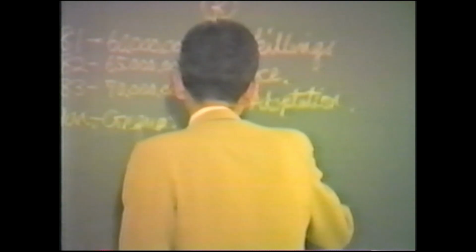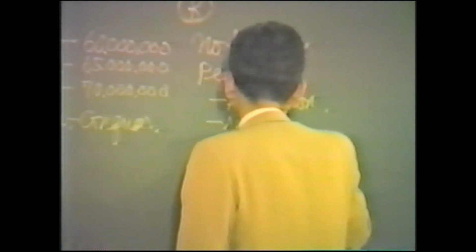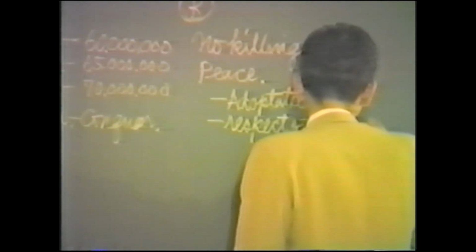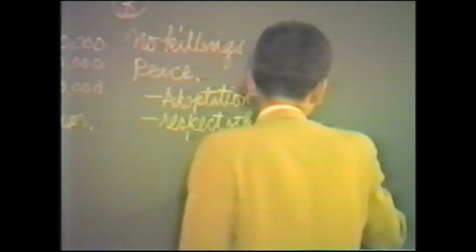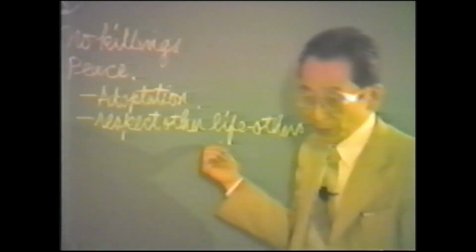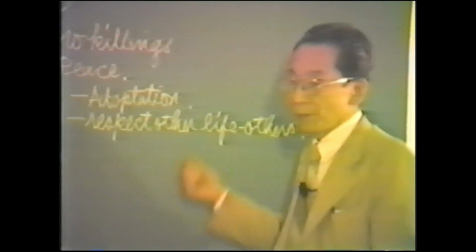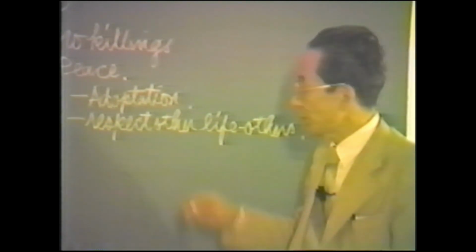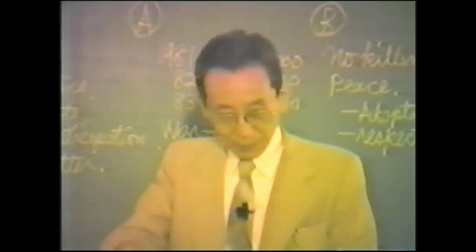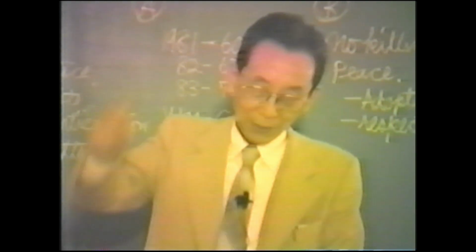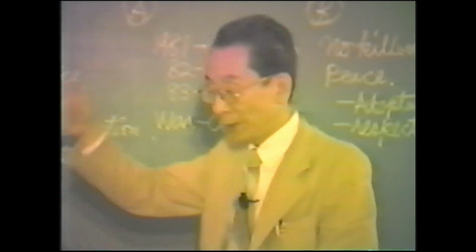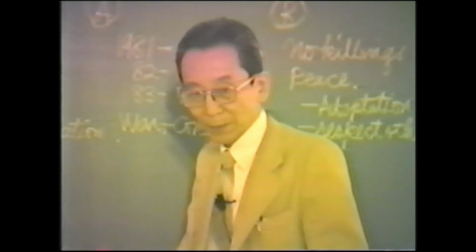Adaptation, or respect for other life and others, including human beings, animals, plants, and nature. Conquer includes human beings, bacteria, viruses, animals, plants, and nature. Conquer the nature, conquer the animal.